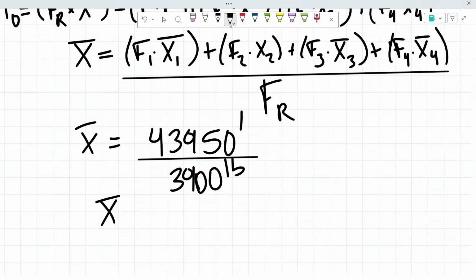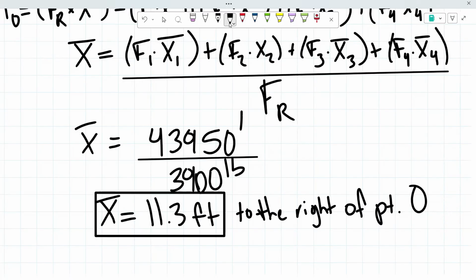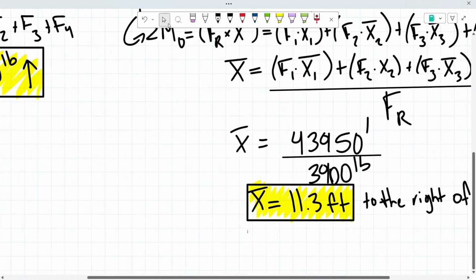So that means that the location of our resultant force is 11.3 feet away from point O. And just like that, we were able to replace the loading with an equivalent resultant force. And we also determined the location of that resultant force from point O.